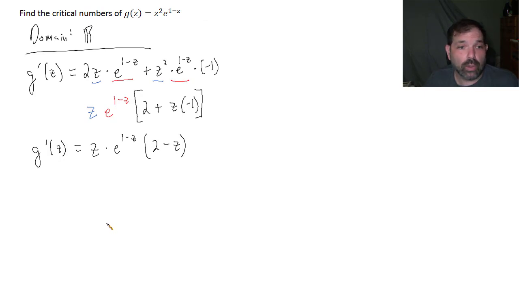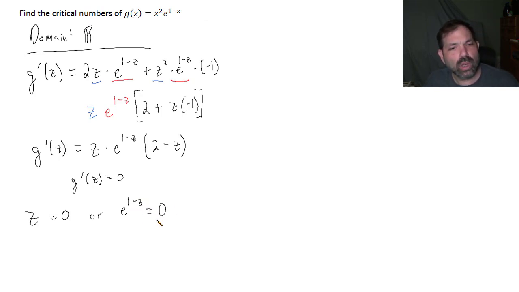So then, calculating where the derivative could equal 0. Where is g prime of z equal to 0? Well then, since it's already in a factored form, that would imply that z could equal 0, or e to the 1 minus z could equal 0. But e to the 1 minus z, remember, e to a power can never equal 0. So this doesn't give us any solutions.